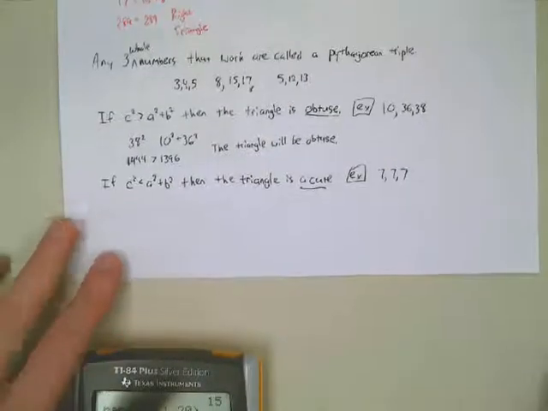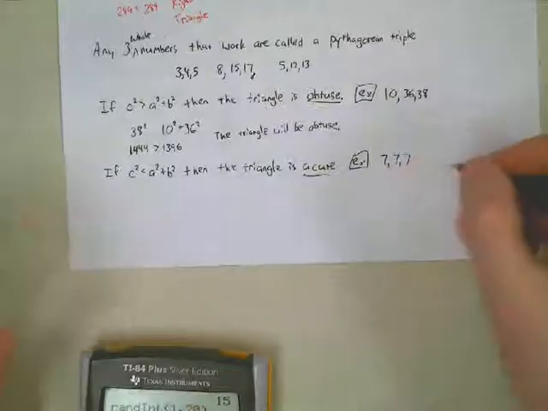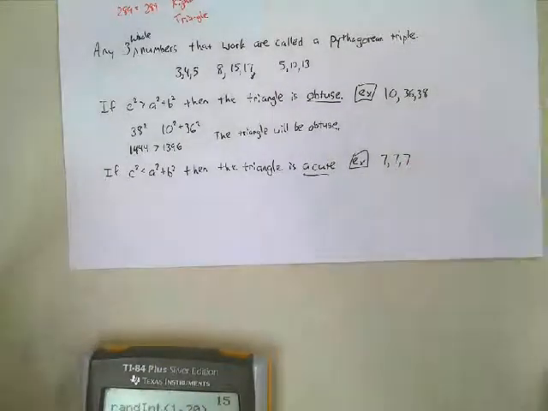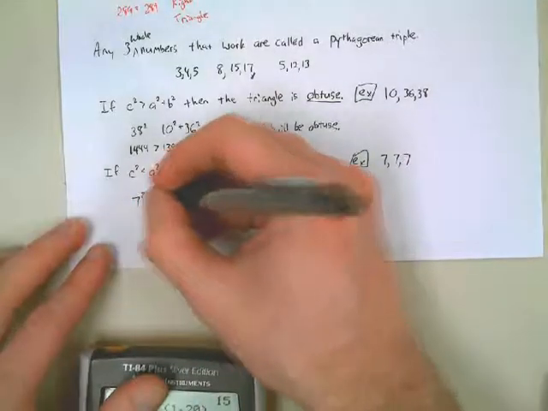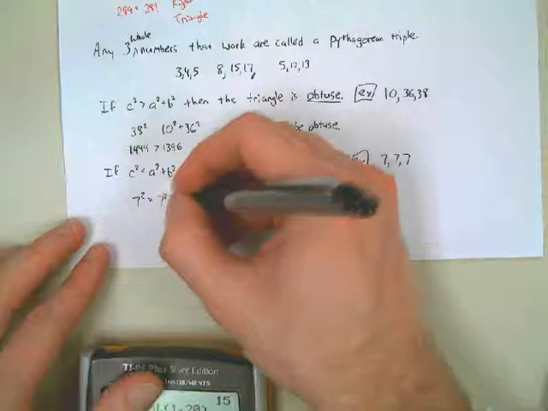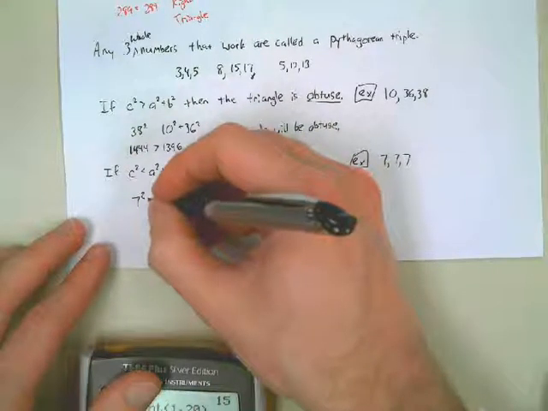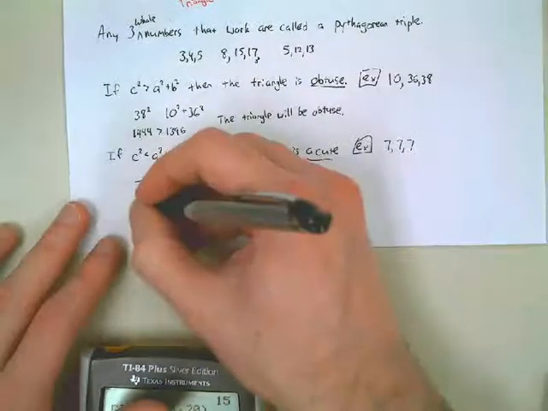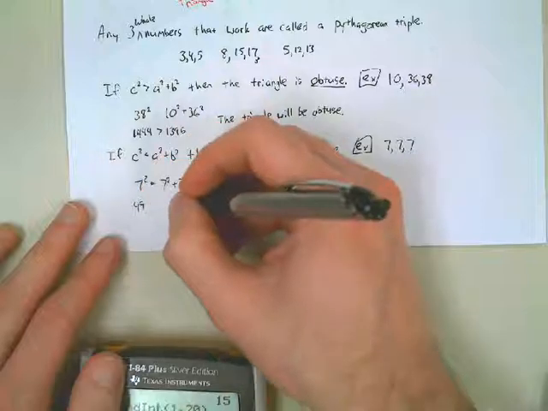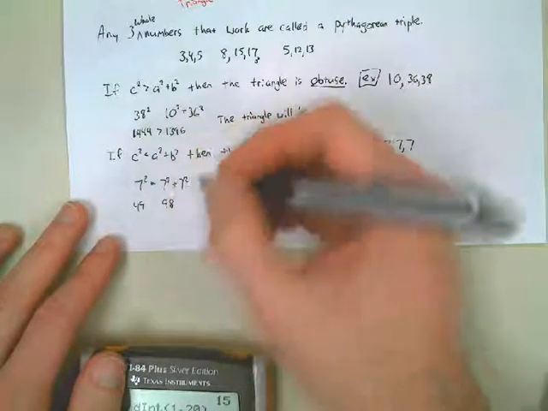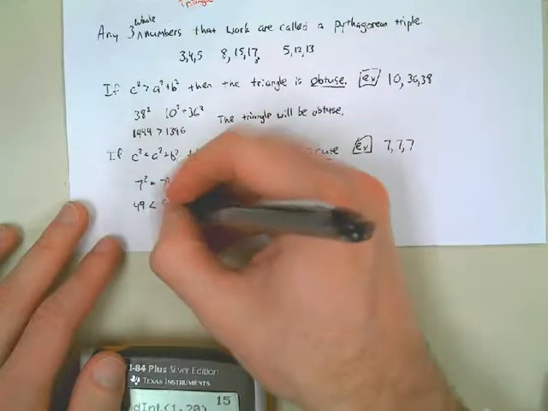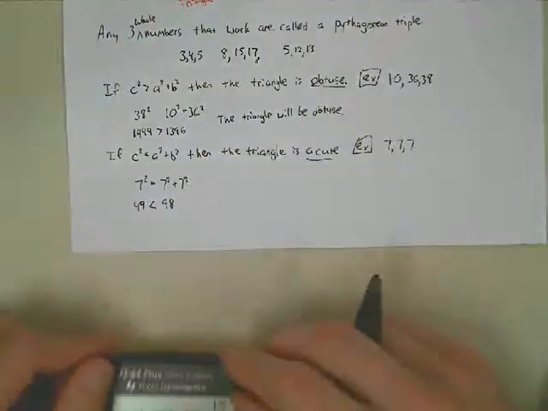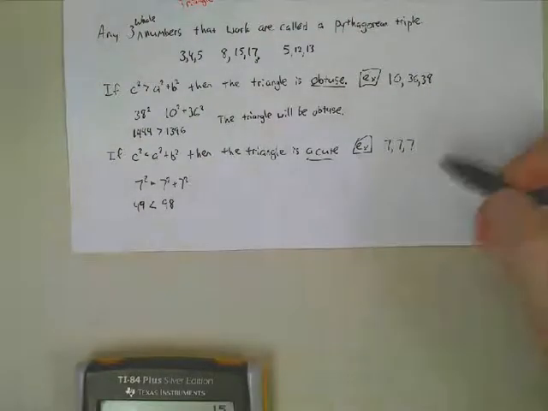For this case, any of these sides could be the c, so let's just make it 7. So 7 squared, not equal to, 7 squared plus 7 squared. So you get 49 compared to 98. So here, the c squared is less than a squared plus b squared. It makes sense. We know equilateral triangles are acute. So there you go, the triangle is acute.